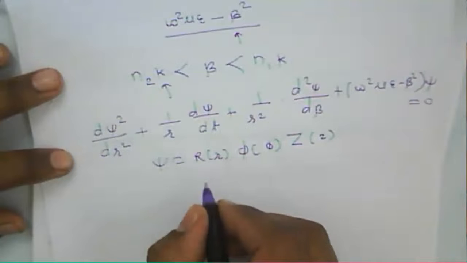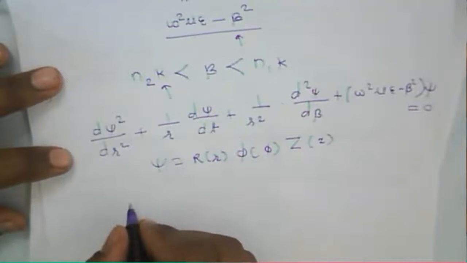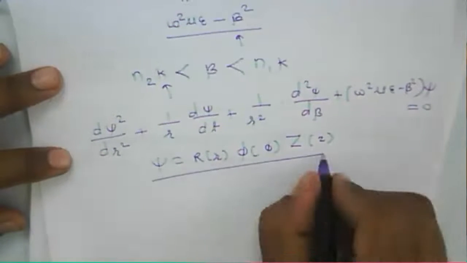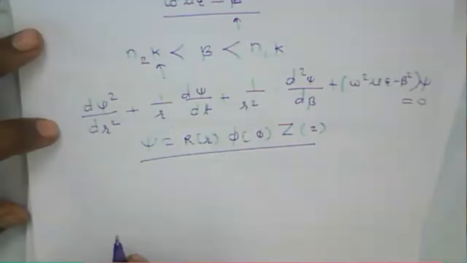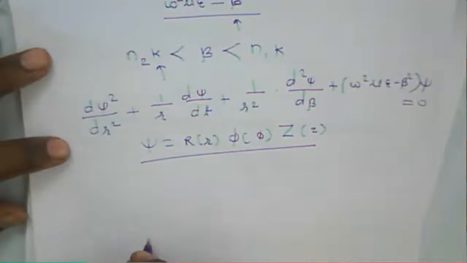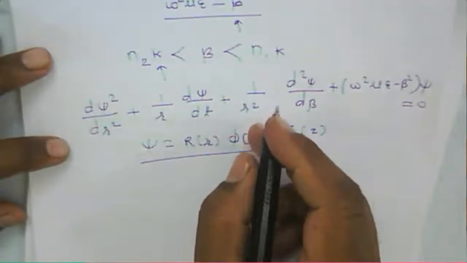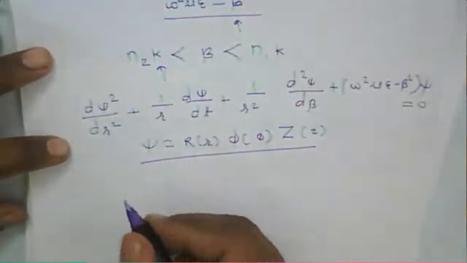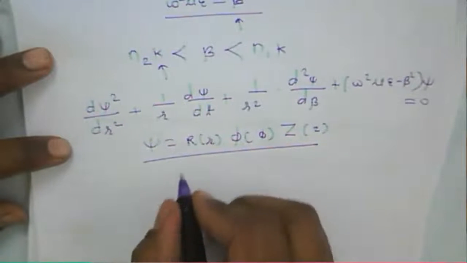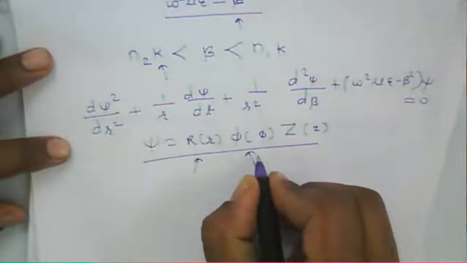So if you solve it, or if you relate this particular psi with the Bessel function, we can rewrite this particular equation, and using that we can define how the wave is propagating.